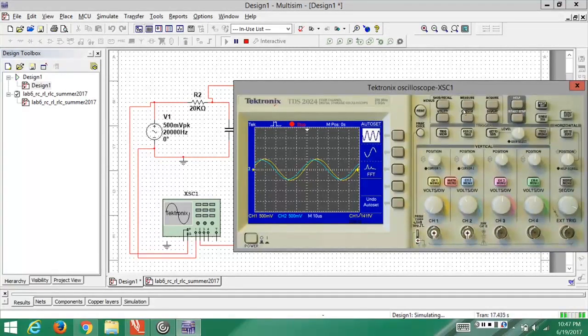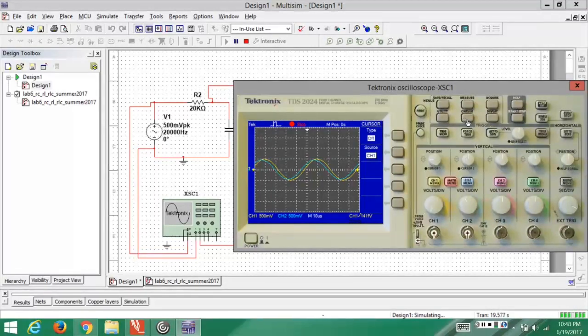But to be certain, I will use the cursor button here, to bring two cursors onto the screen and set one at the beginning of the waveform and one at the end of the cycle, so that I can mark the exact time where the cycle started and ended. That way I'll know if it spans 50 microseconds.